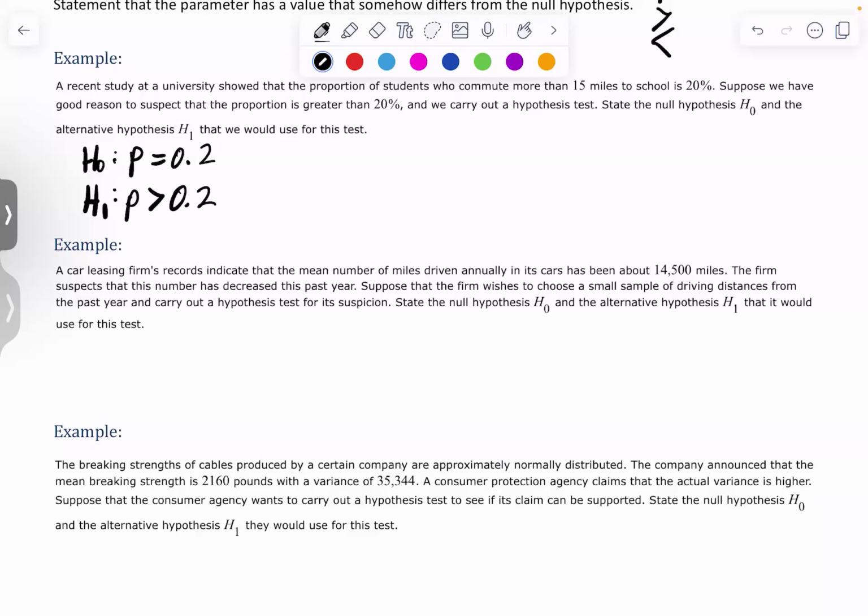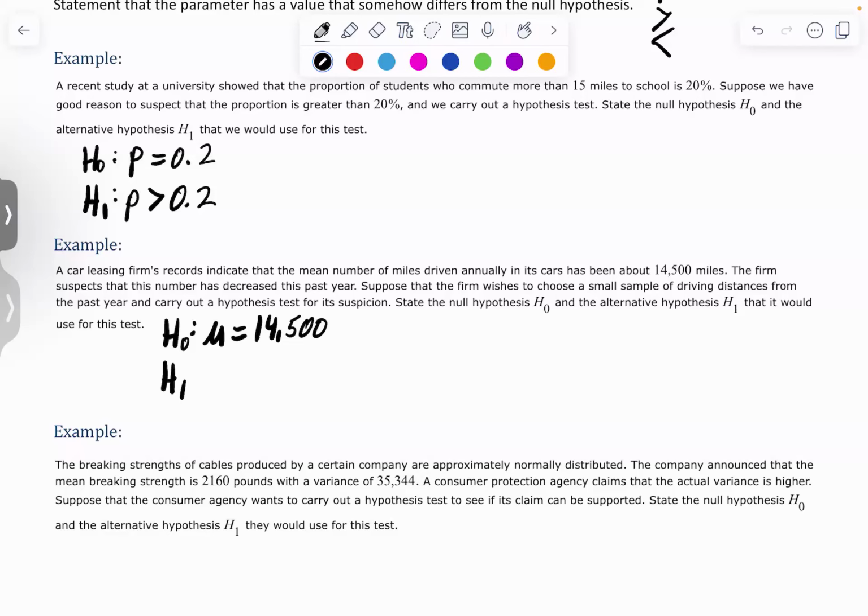Next one, a car leasing firm's records indicate that the mean number of miles driven annually in its cars has been about 14,500 miles. The firm suspects that this number has decreased this past year. All right, so let's do our null hypothesis. We're now testing the mean, and they think that the mean is equal to 14,500 miles.